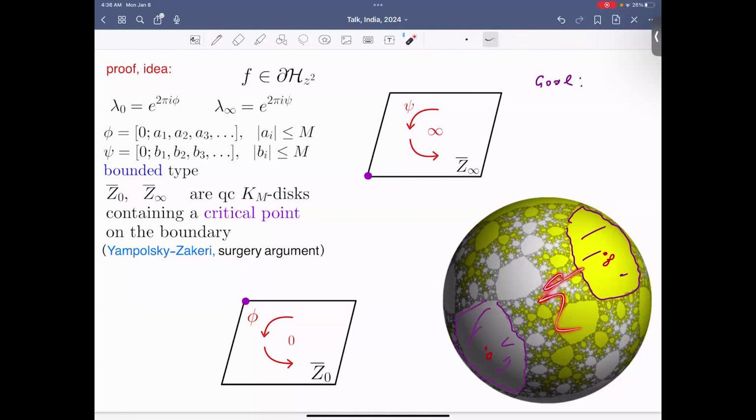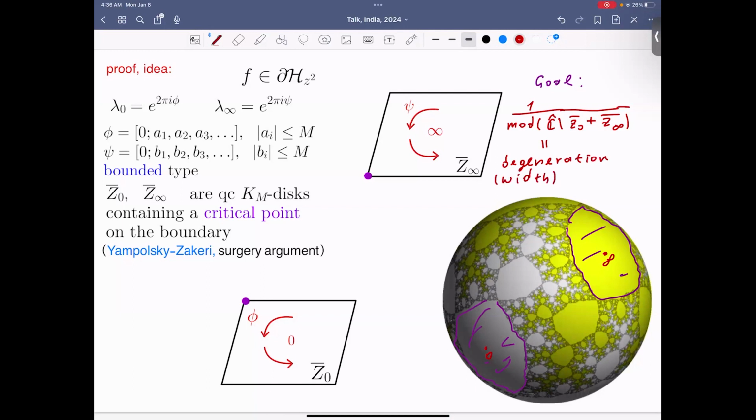And we look at the degeneration. In particular, we look at, let's say, 1 over the modulus of C hat minus Z naught plus Z infinity. And this is going to be the degeneration, or width, between the corresponding disks.